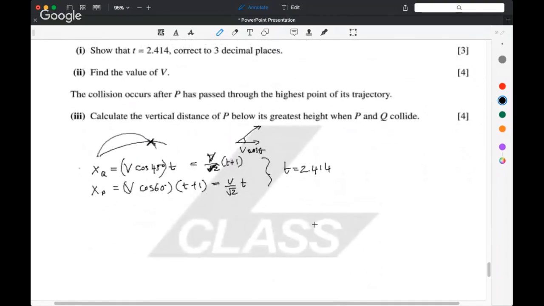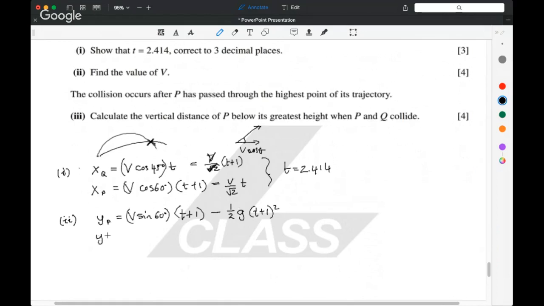So now we want the value of v. And for this, we have to look at the y coordinate. So we know that y of p is v sine of 60 degrees times t plus 1, minus 1/2 g (t plus 1) squared, because there is a force acting in the y direction, there's gravity.